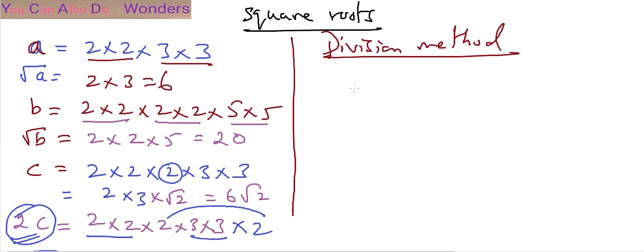Okay, in this method, let's try to find the square root of the same number, 1296.